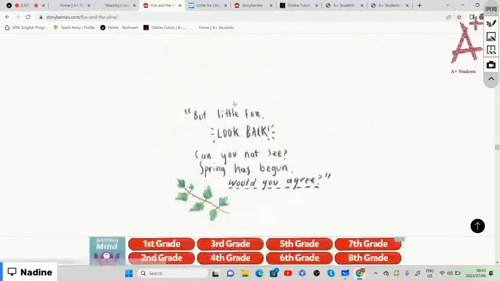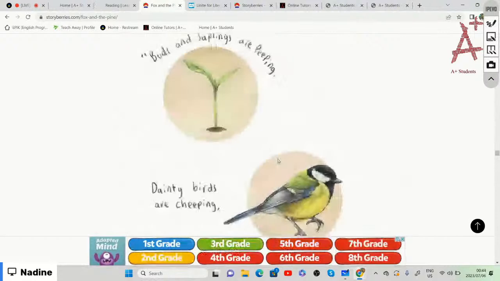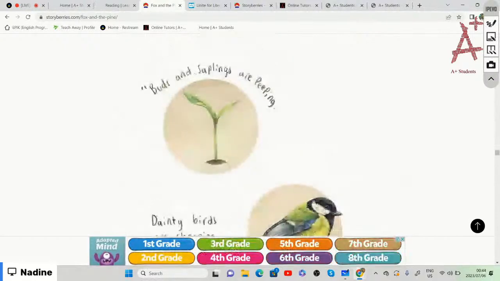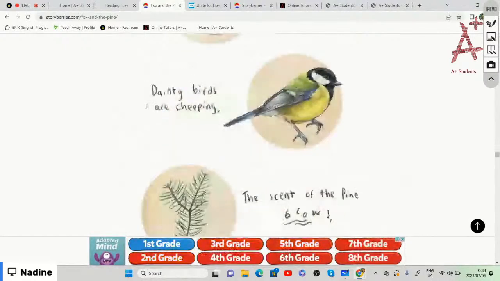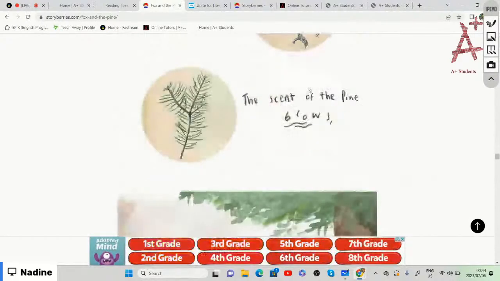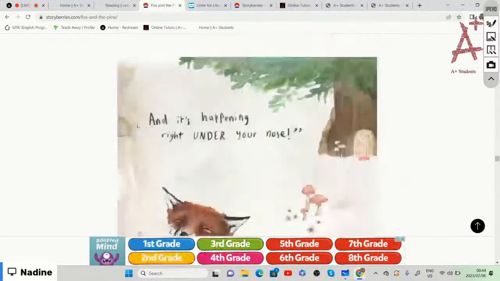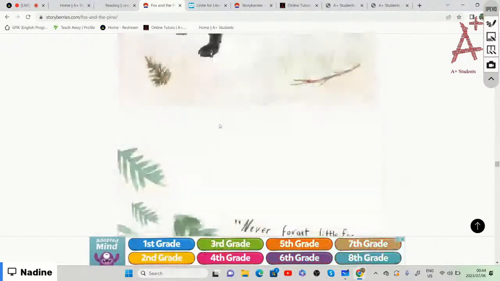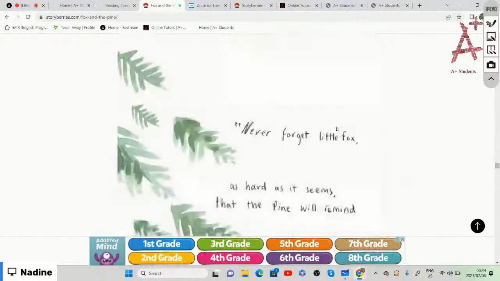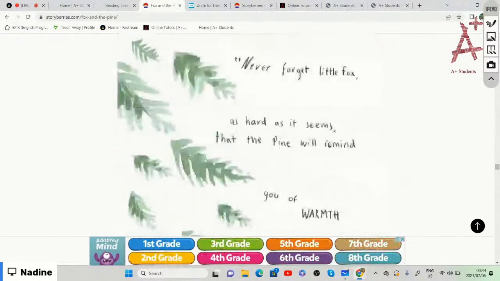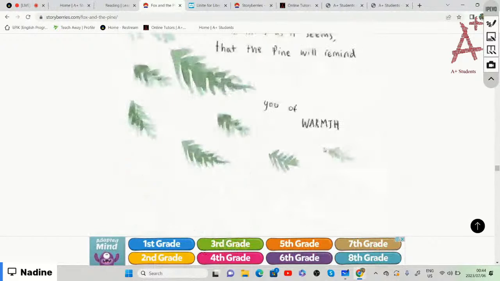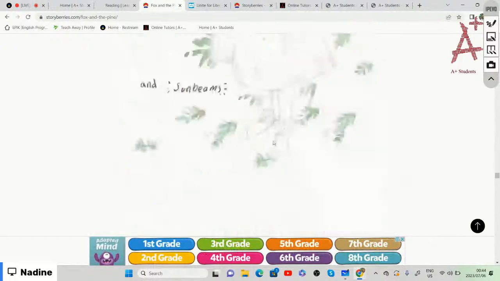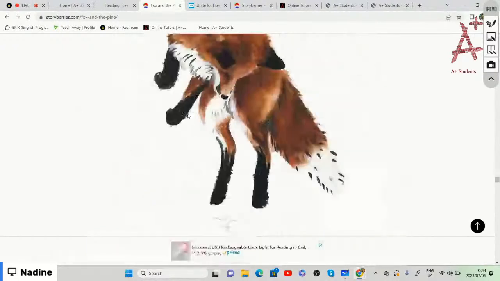But little fox, look back. Can you not see spring has begun? Would you agree? Buds and saplings are peeping. Dainty birds are cheeping. The scent of the pine blows, and it's happening right under your nose. Never forget, little fox, as hard as it seems, that the pine will remind you of warmth and sunbeams.